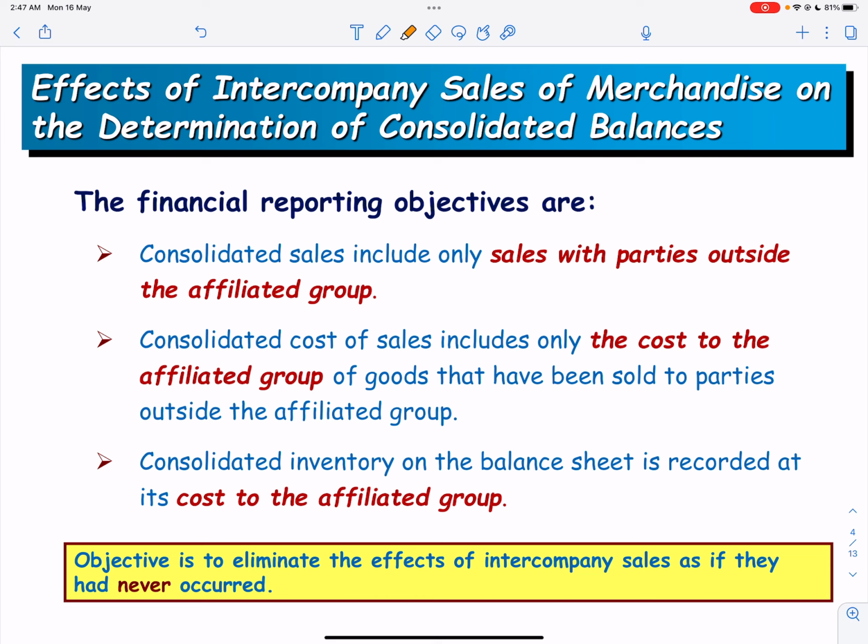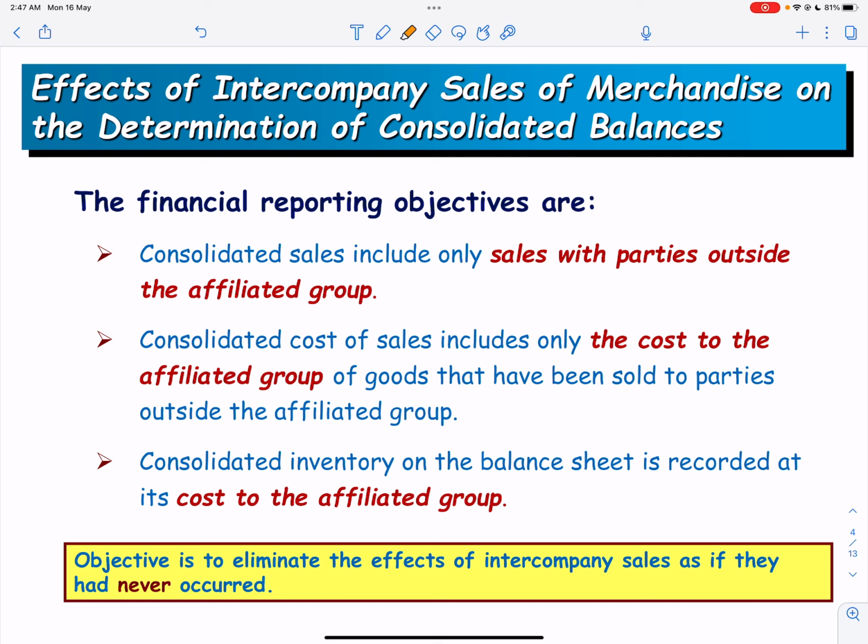The consolidated sales will include only the cost of sales to the affiliated group of the goods that have been sold to parties outside the affiliated group. In other words, the cost of goods sold is the cost of goods sold for the original purchaser of the affiliated group.